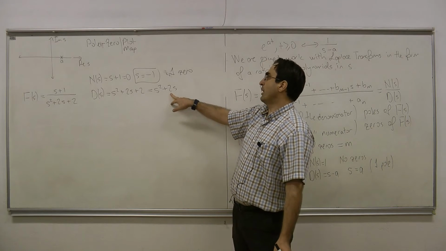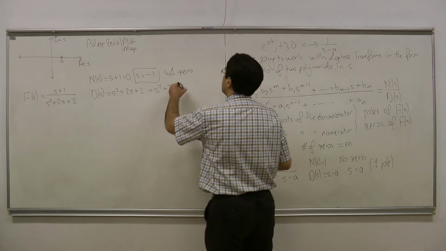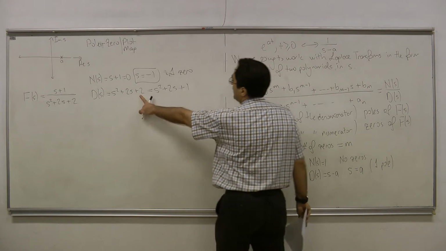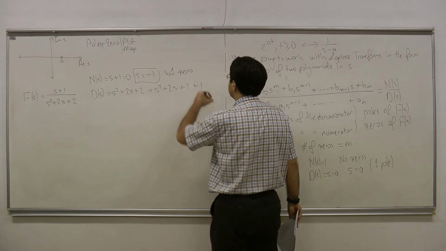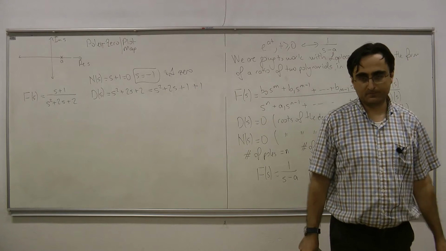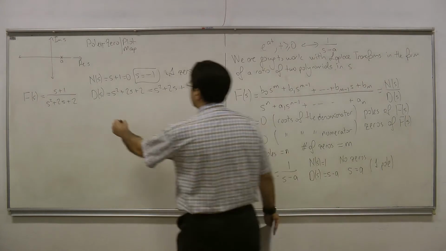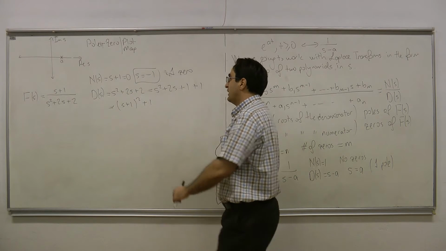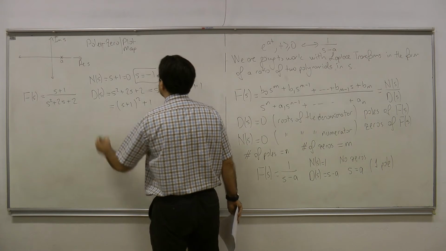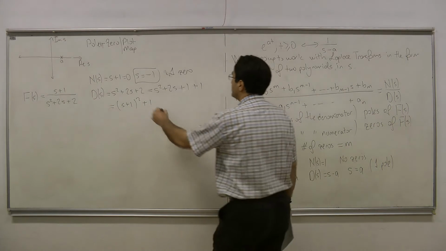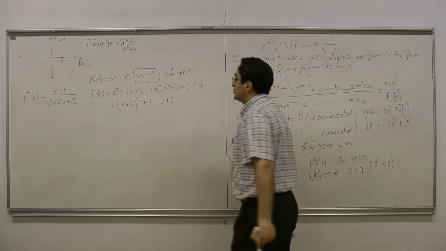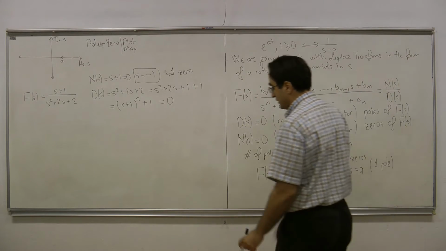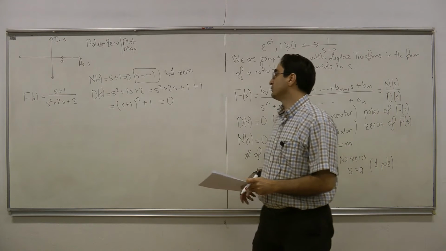S squared plus 2s plus 1 here is going to be (s plus 1) squared. Okay? But on the left hand side I have 2, so I will just add one more here. Alright? So that is going to be (s plus 1) squared plus 1. And I need to find the roots of this polynomial, and it's going to be the following. So I will equate this to 0, and this is going to give me the poles of this Laplace transformation.